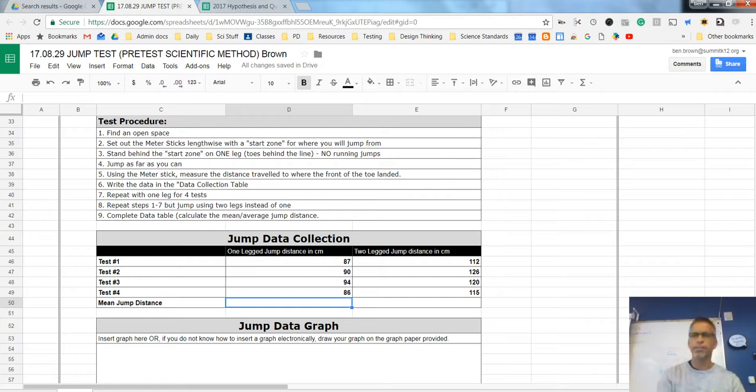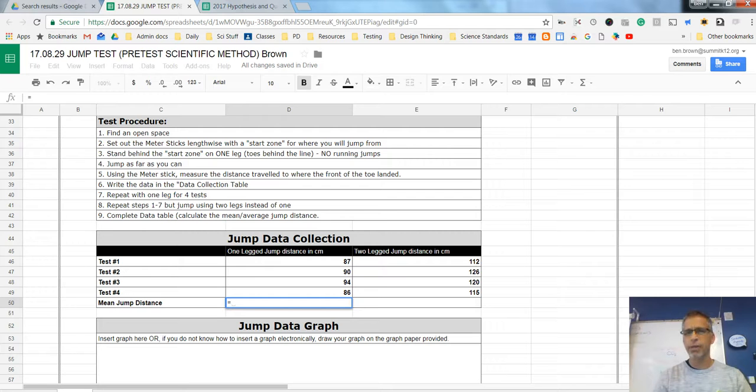We want to calculate the mean or the average jump distance. In order to calculate the mean, you need to sum all of your tests on one test type, so one-legged distance in centimeters. So you sum all those numbers together. Then you divide by the total number of numbers. So in this particular instance, I would type an equal sign.